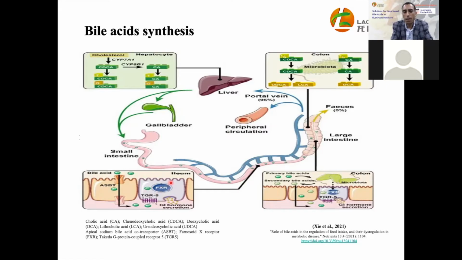FXR is the farnesoid X receptor, and its common name is the bile acid receptor, because when bile acid is absorbed in the small intestine, it binds with the FXR receptor to activate it. When it is activated, it stimulates gene expression that participates in lipid metabolism.